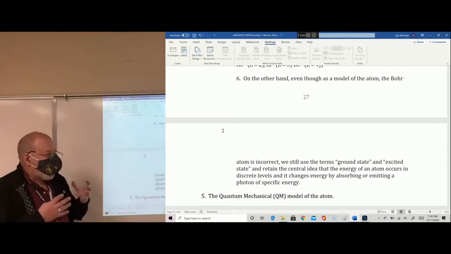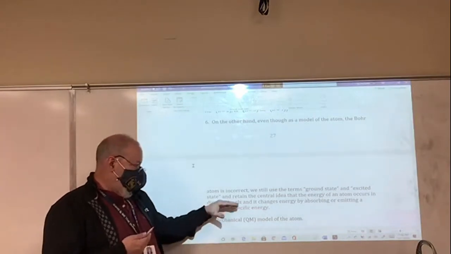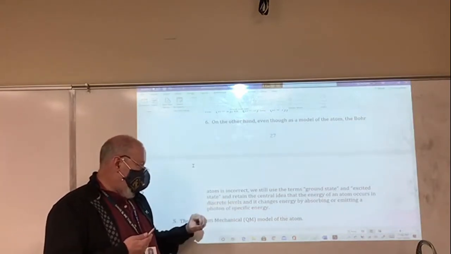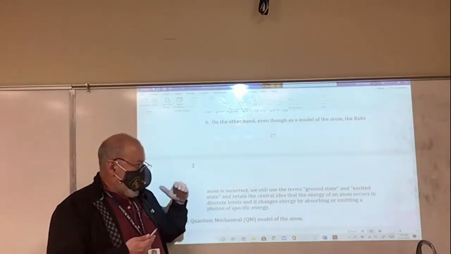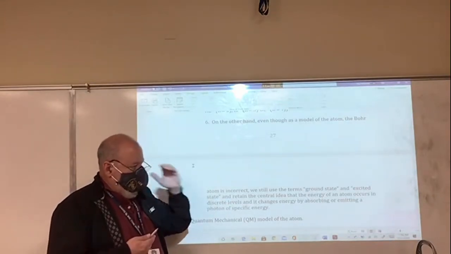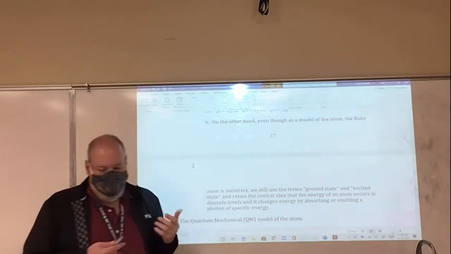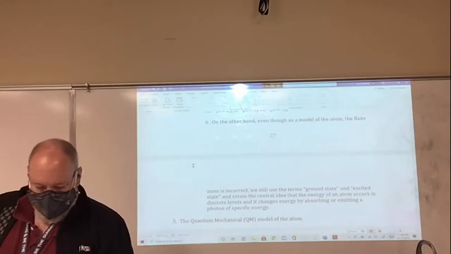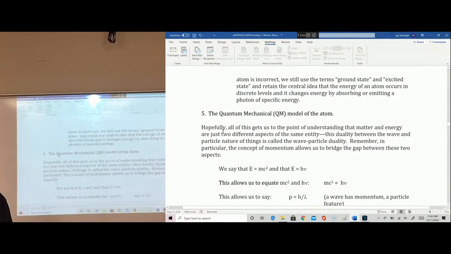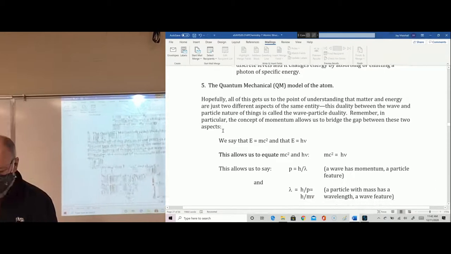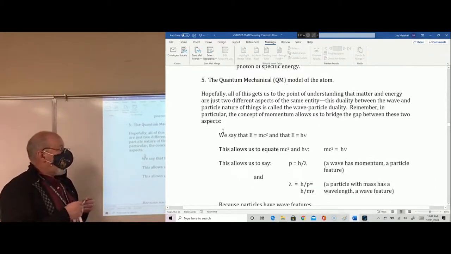It's not quantum mechanics, but it is a quantum model of the atom because it relates energy levels to a number: energy level 1, energy level 2, energy level 3. So we call it a quantum model of the atom because it uses a knowledge of energy levels.